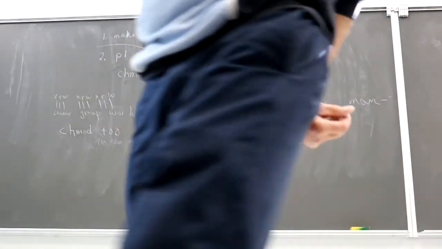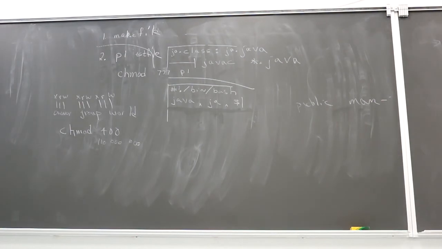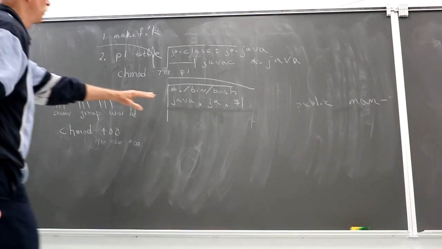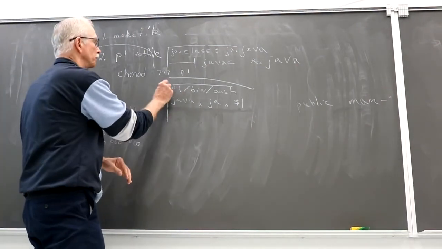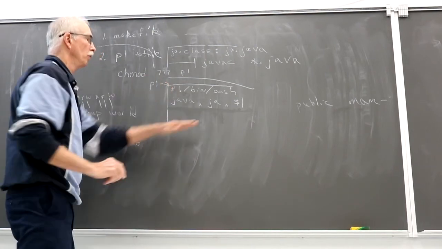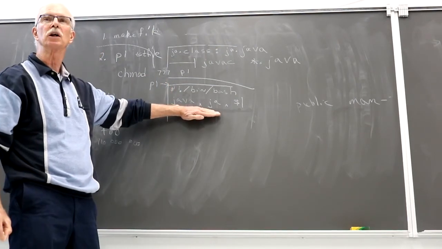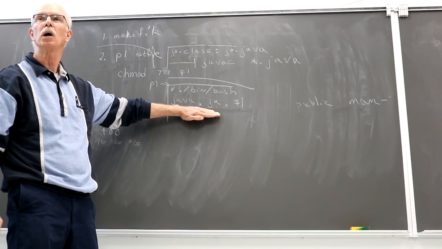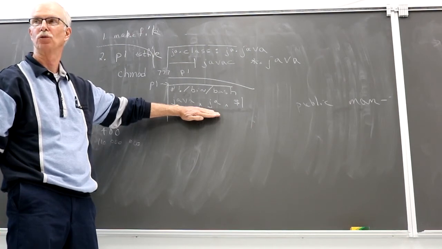Sure. So if we do JavaScript, is a JavaScript program name then the second argument? Well, you've got to put in this P1 script the line that corresponds to how to execute the program.